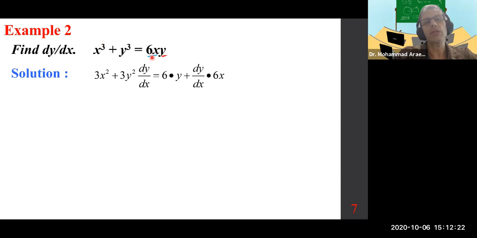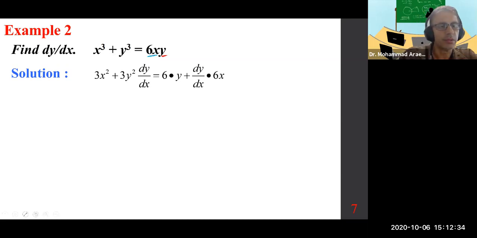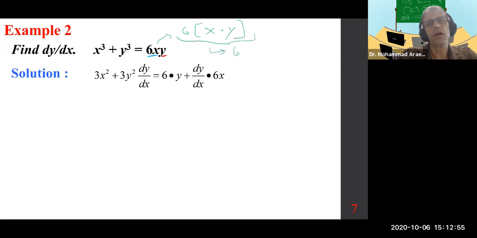If you get it involved with x, then the derivative of that one becomes 6 times y by the product rule, and the derivative of y is y prime or dy dx times 6x. If you want to go that route, just in case, because I've discussed that before, you want to differentiate this and write it as 6 times xy, just this part, the differentiation would be 6 times: x gives you 1 times y, plus y gives you y prime times x.